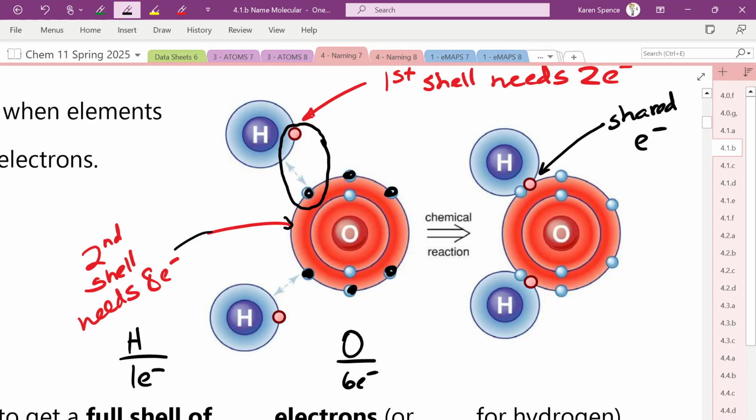So oxygen has shared 1 with hydrogen, so now hydrogen has 2 electrons. Yay! Happy little hydrogen. Metals and metals bond with each other, but in a very different way. Okay, and we'll talk about that later in the course, but not right now because it'll just confuse things.